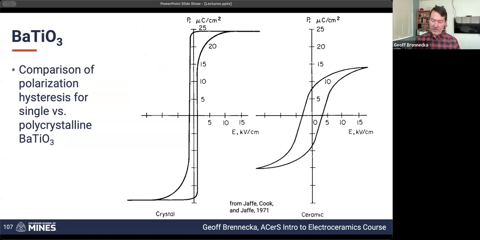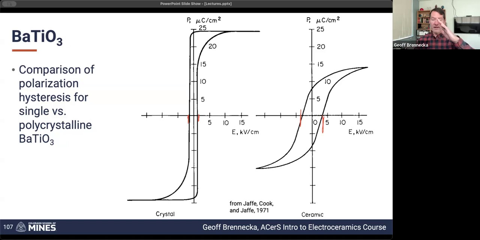So you'll also notice on here that this coercive field, so the amount of field that is required, is how much field it takes to actually get the material to switch in the first place. The coercive field is much larger for the ceramic. And that's because there's strain associated with getting the dipoles to reorient, and the cosine of that angle of alignment with the electric field.